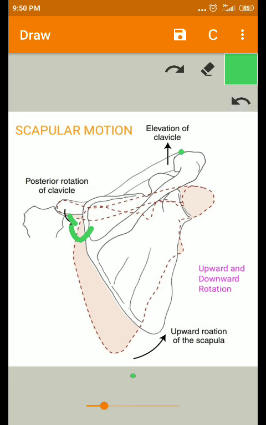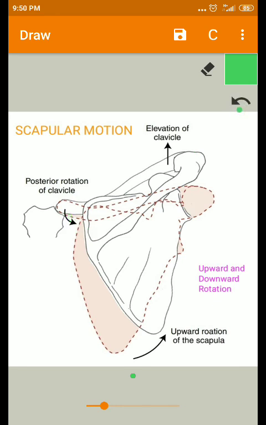Okay, so at 0 degrees of internal rotation of the AC joint, there will be a direct effect on the scapula, and also if the AC joint is at 90 degrees with the long axis to the plane of the scapula, then this posterior rotation of the clavicle will have a direct effect on the scapular upward rotation.